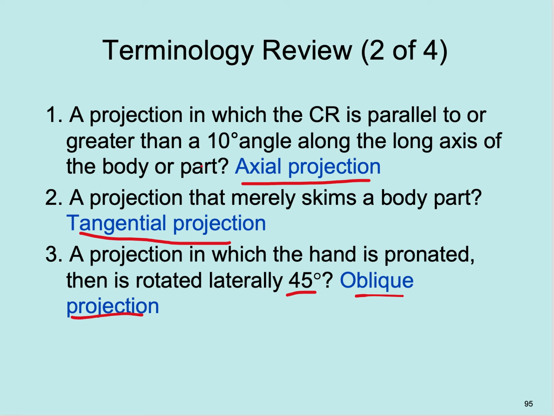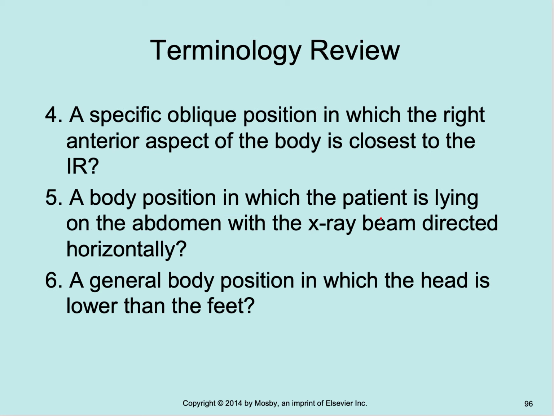Axial projection, anything that is 10 degrees or more of an angle, either the tube or, as we talked about for the lordotic chest, for that lordotic chest, we're angling the patient. So we angle the patient or the tube, anything that is angled 10 degrees or more.